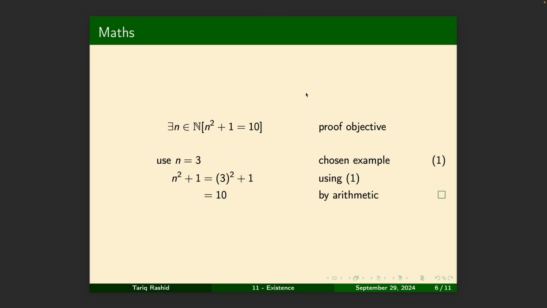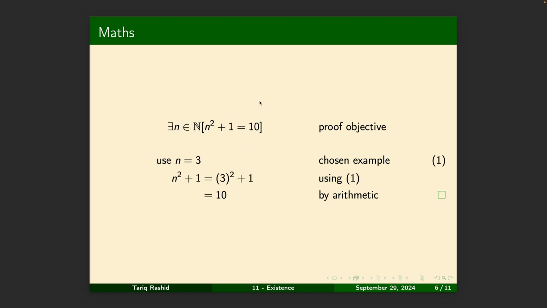So let's see if we can write this down as a proof that gets us ready for translating it into Lean. It's not long, so you can probably see that the Lean proof won't be that long either. So we write the proof objective at the top. There exists an n, which is a natural number, such that n squared plus 1 is 10.